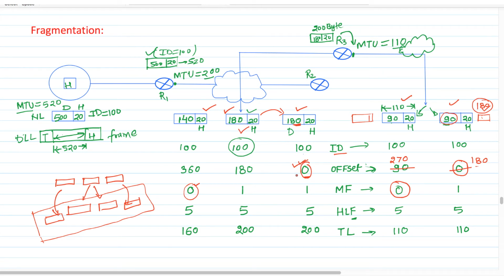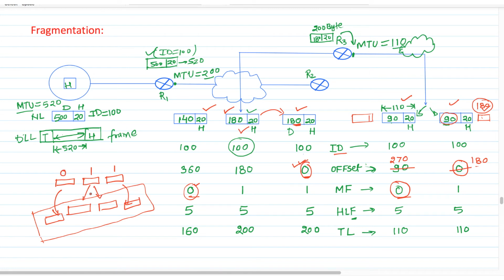So the receiver will be able to identify the first fragment. Now we have more than one fragment having MF value 0. We are going to apply the same concept. Suppose MF value is 1 for this fragment, 1 for this fragment and 0 for this fragment.